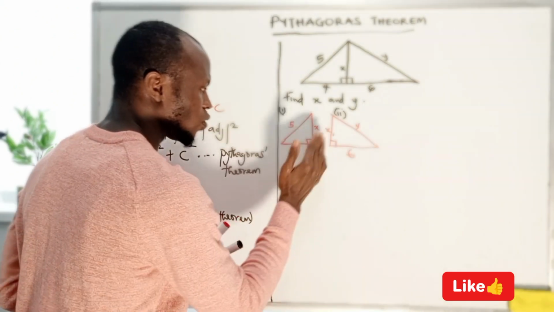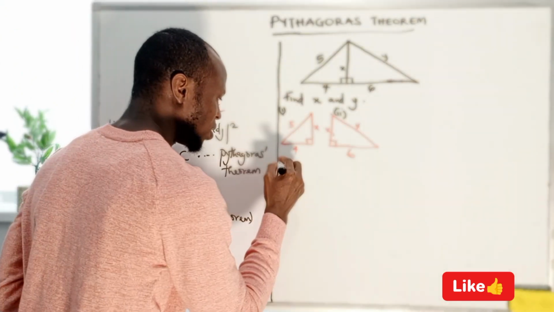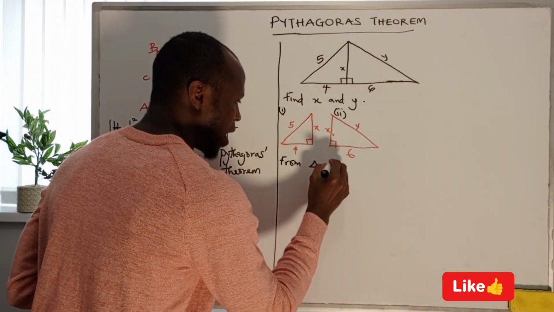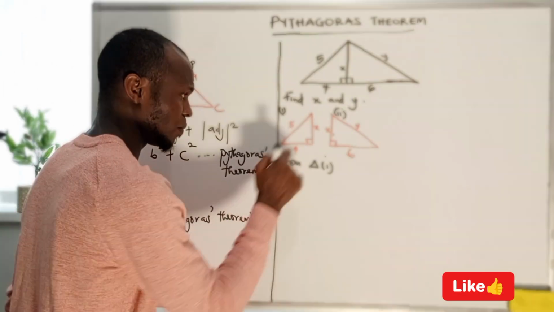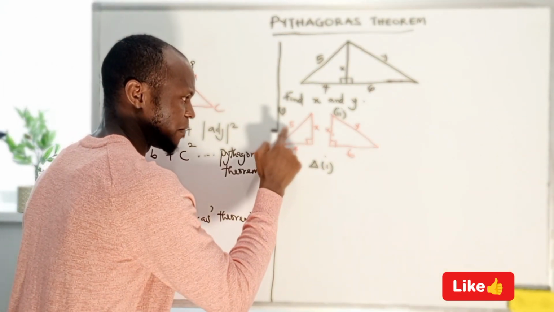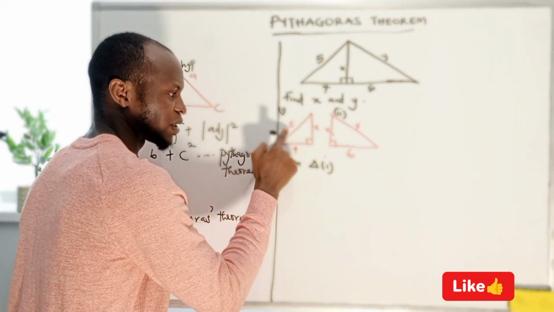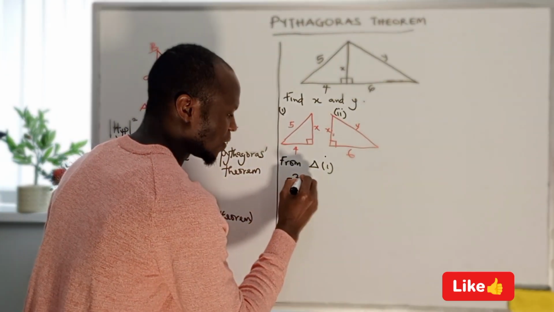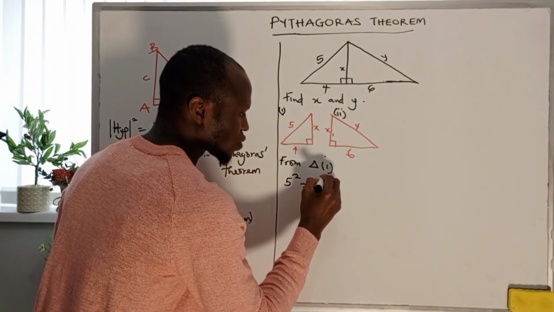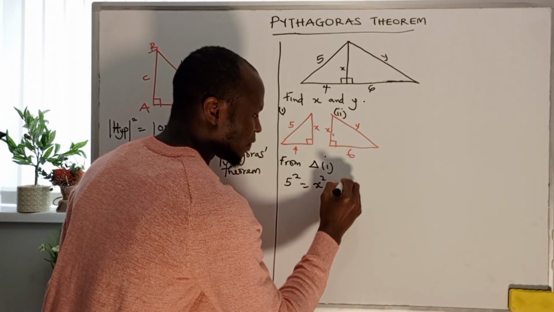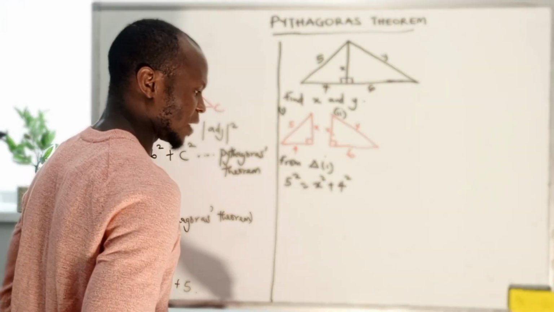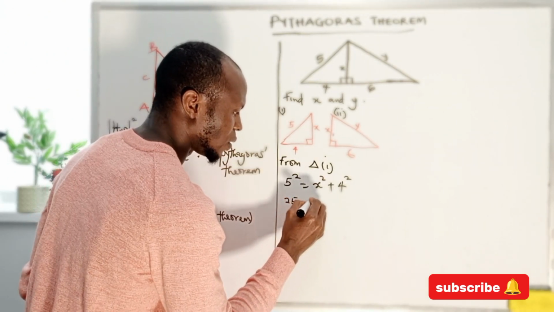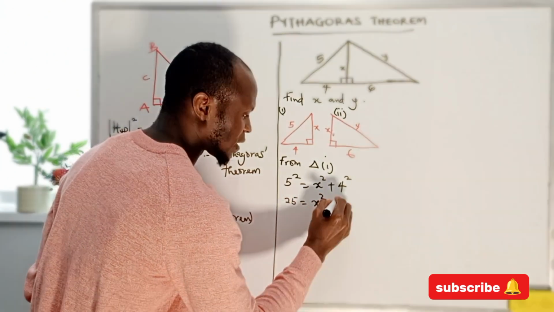So if I look at triangle 1, which one is my hypotenuse? My 5 is my hypotenuse, because it's the side that faces the right angle. So 5 squared equals x squared plus 4 squared. 5 squared is 25, so 25 equals x squared plus 16.